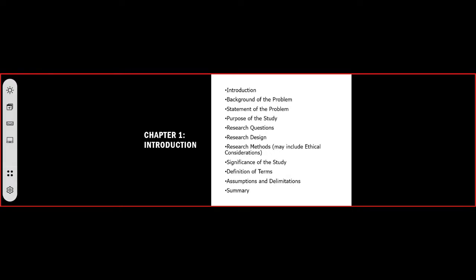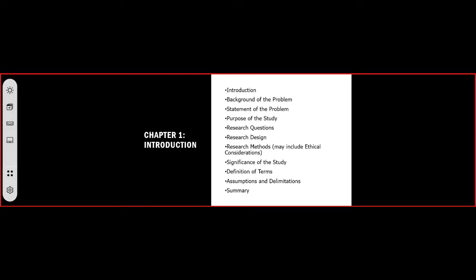You have the purpose of your study, your research questions, your research design, your research methods, or you might just have one heading that says research methodology. That would include your data collection and data analysis. But please remember, chapter 1 is an overview of your study.